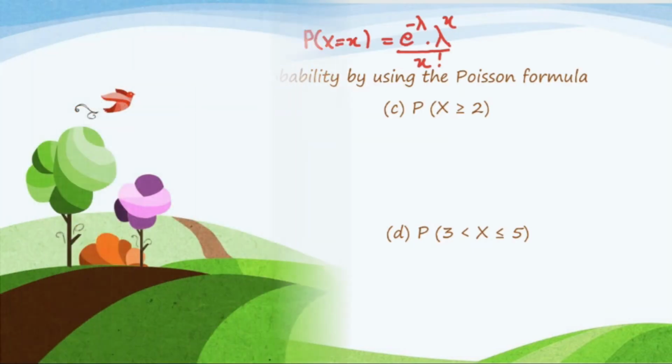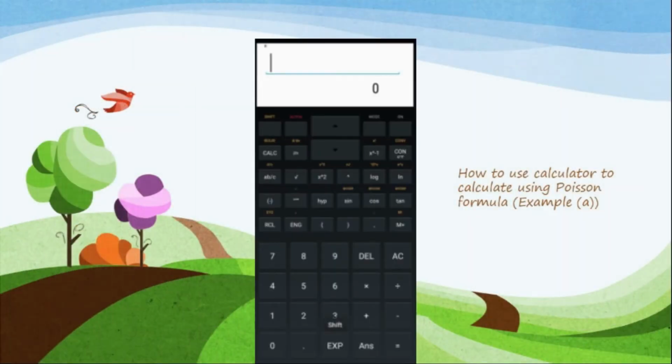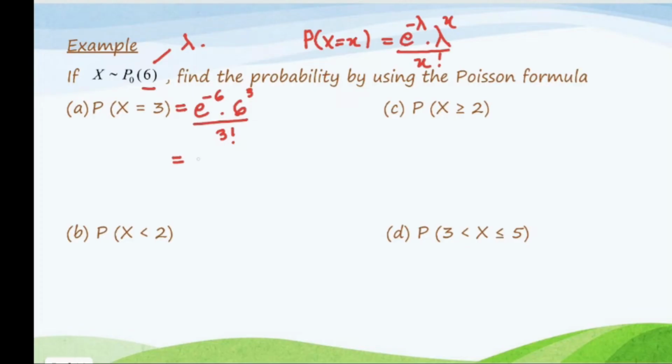When you calculate in your calculator, it equals 0.0892.